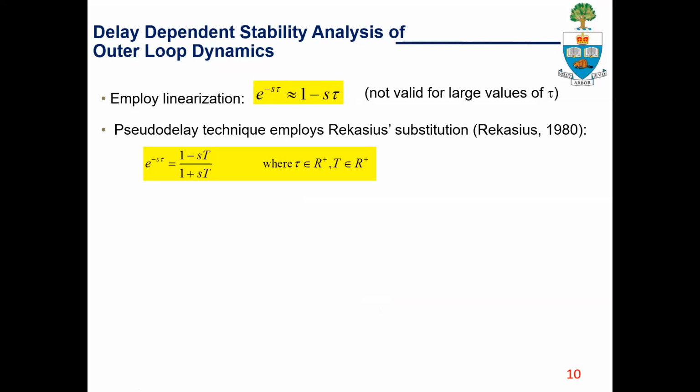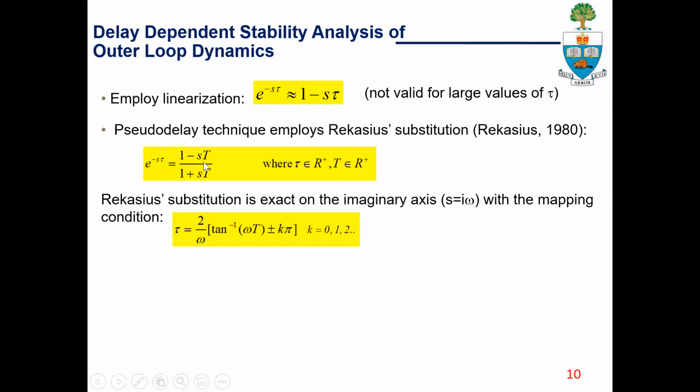Our pseudo delay technique employs something called recursive substitution, which gives us an exact relationship between the exponential term and this ratio of polynomials. And it can be shown that recursive substitution is exact on the imaginary axis when s equals i omega with this mapping condition.